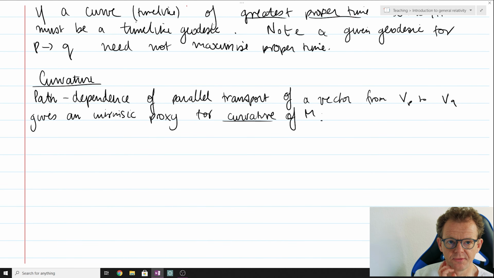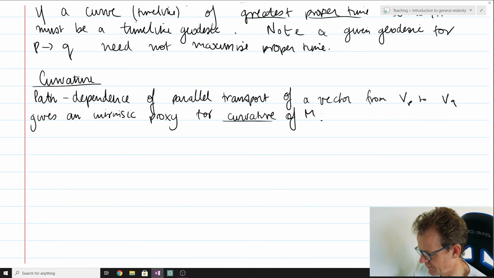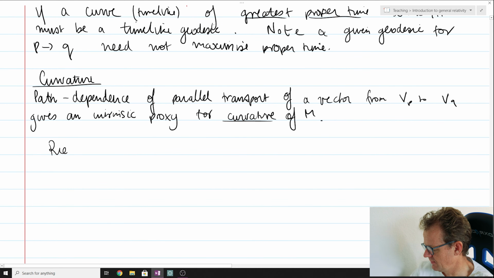So what we're going to do is define a measure of curvature, like how curved a manifold is, as the failure of successive parallel transporting operations to commute. And we'll find a way to obtain a tensorial quantity.